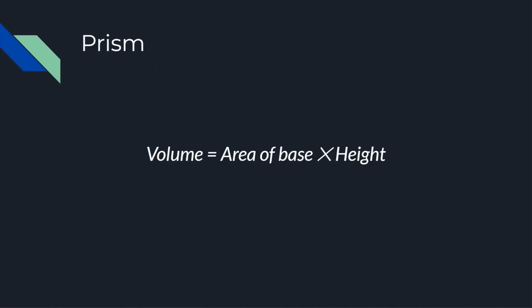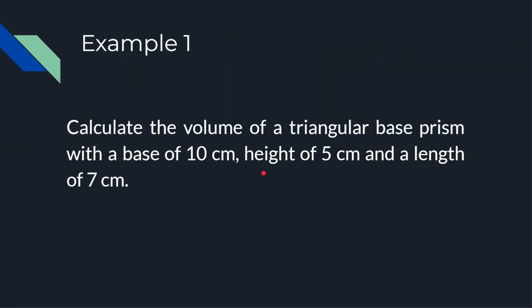The first formula we'll look at is the volume for a prism, which is area of the base multiplied by the height. Let's try this example. We're required to calculate the volume of a triangular base prism with a base of 10 centimeters, height of 5 centimeters, and a length of 7 centimeters.